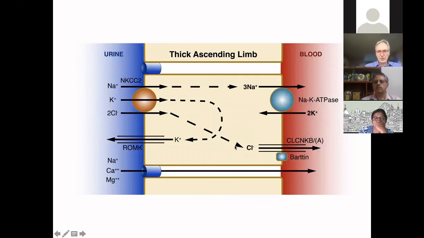And of course, if no chloride at all is transported here, then these can't really work either, because this transporter only works if chloride comes along with it. Then some patients actually have hypocalciuria, and that's because this chloride channel, as I showed you at the very beginning, is also expressed in the distal convoluted tubule. For whatever reason, when patients get older with Bartter syndrome, they sometimes seem to not mind so much the loss of the chloride channel here in the thick ascending limb, presumably because the other channel can take over some of the function.